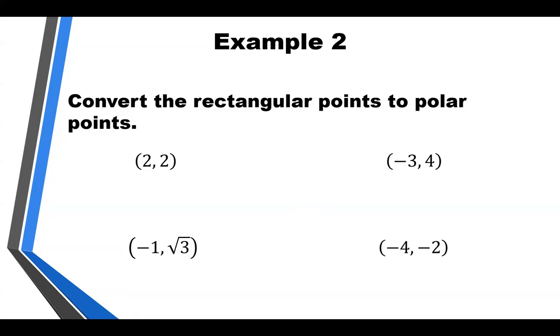Now let's go in the reverse. Let's assume that I'm given rectangular coordinates and I want to convert those to polar coordinates. So I have rectangular points, I want to go to polar points. Here are 4 examples of rectangular points, and I'm going to convert these to polar points.